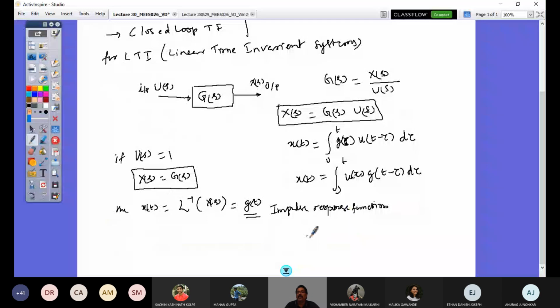So this is obtained from a unit impulse input when the initial conditions are 0. So this is very important.